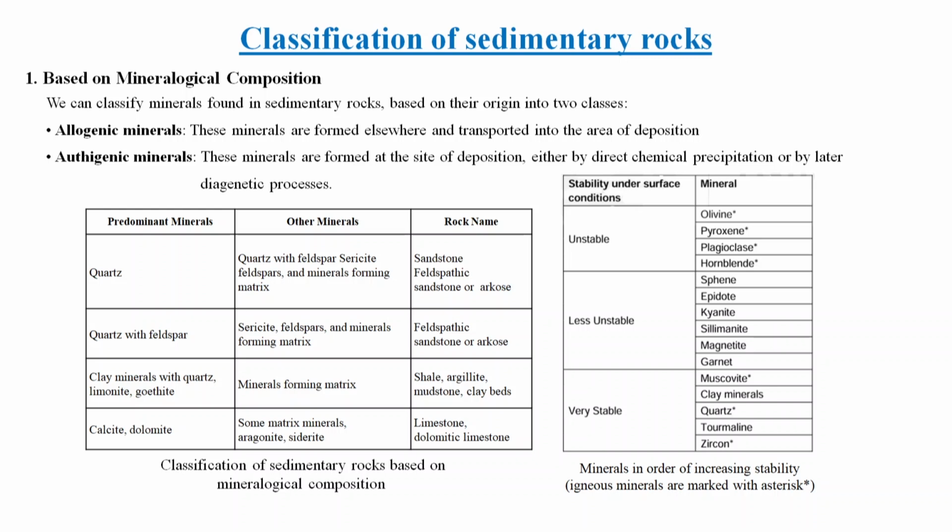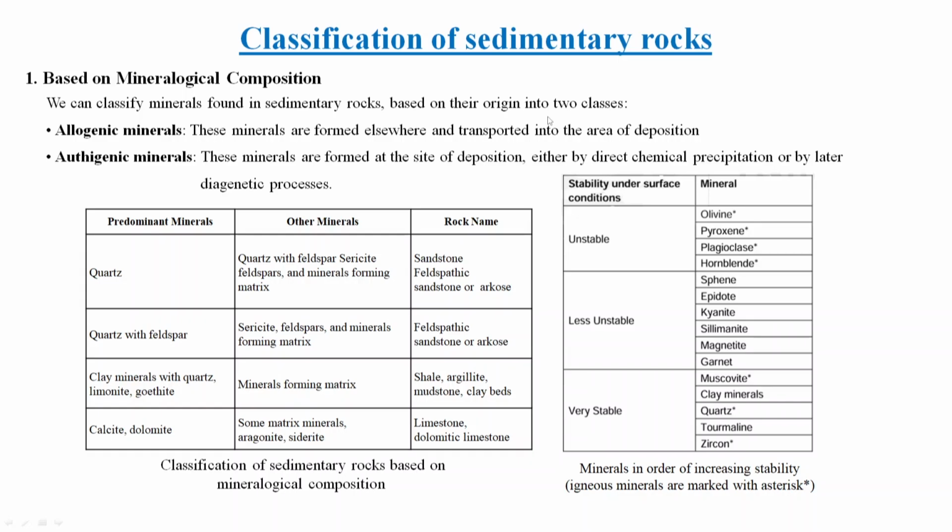Based on the mineralogical composition, we can classify sedimentary rocks broadly into two groups: allogenic minerals and orthogenic minerals. Allogenic minerals are formed elsewhere and transported to a specific area of deposition where finally your sedimentary rock is formed.